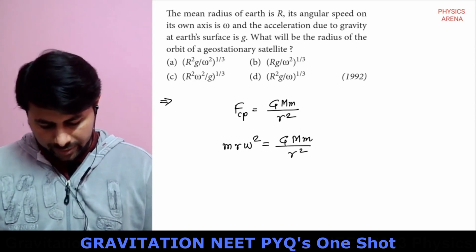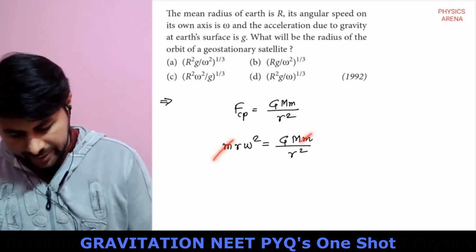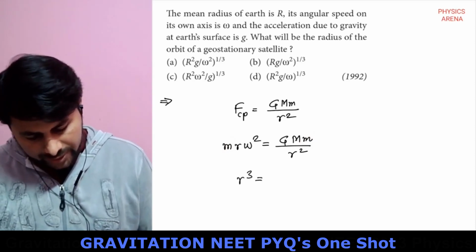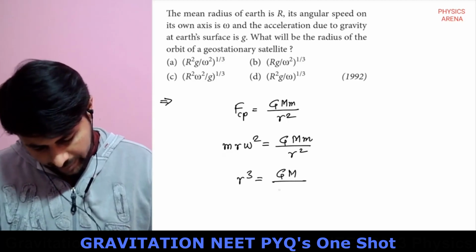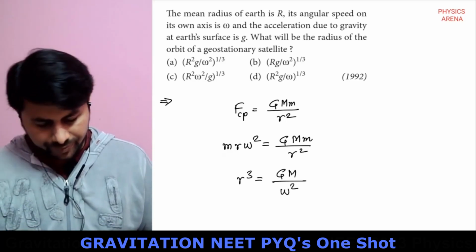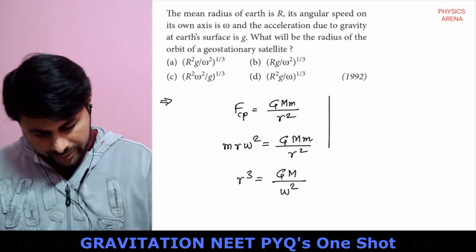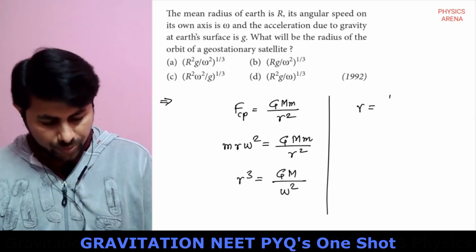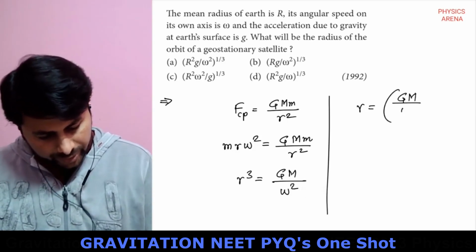Then m and m get cancelled out, so we get r cube is equal to GM divided by omega square. Therefore r is equal to the cube root of GM upon omega square.